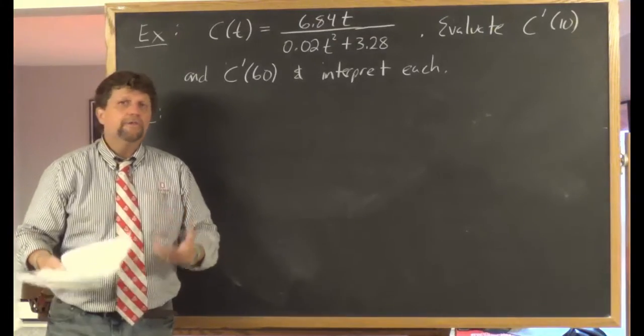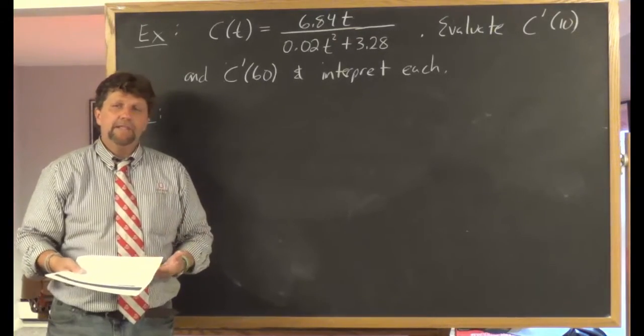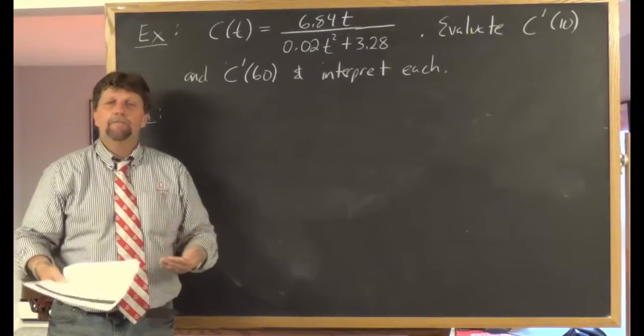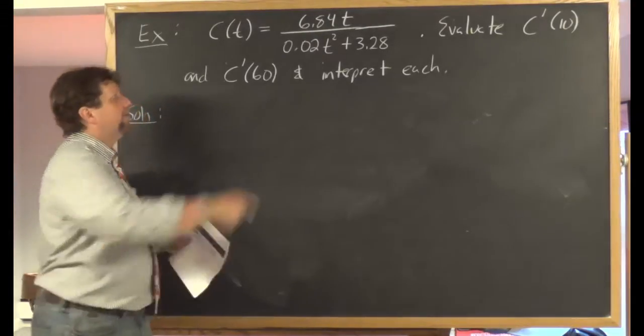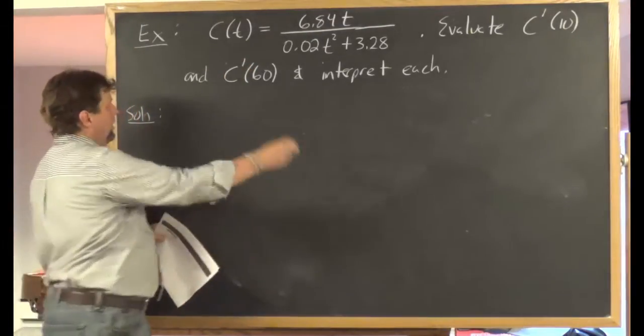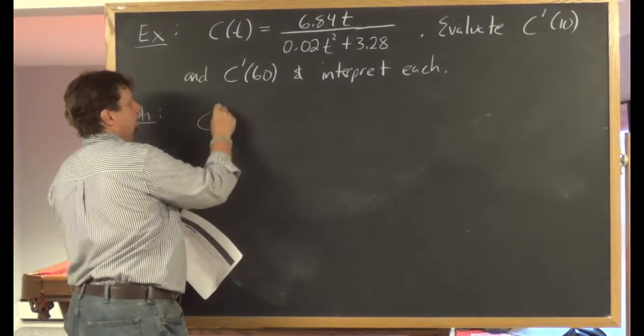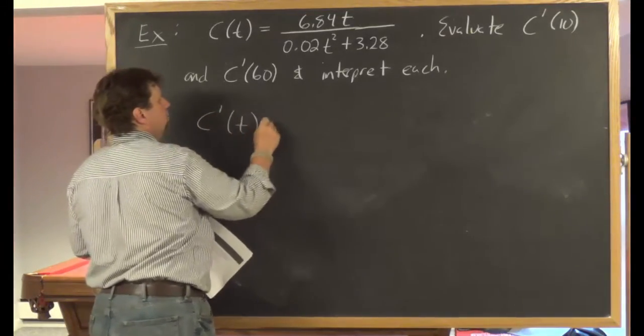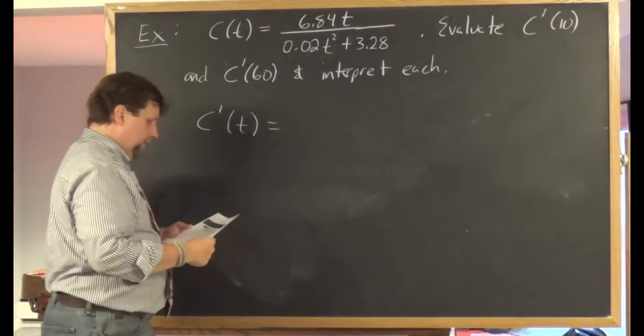All right, in order to do C prime of 10 or C prime of 60, the first thing we have to do is get C prime, the derivative of that function. Friendly application of our quotient rule. So here we go, quotient rule.